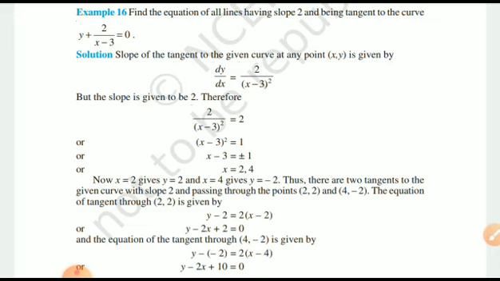After getting the value of x, just substitute that value in the given equation of the curve, and you will get the value of y, and that will be your particular point on the curve. Accordingly, if the question asks to find the equation of the tangent or normal, you have to follow it.